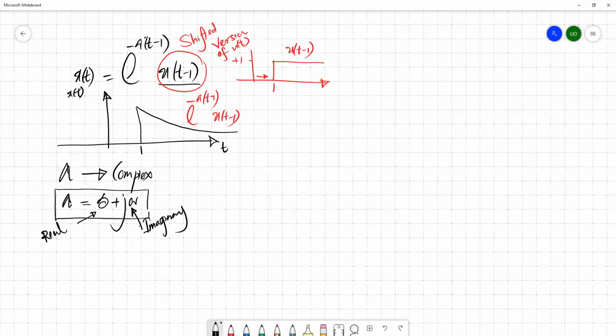If you apply it here, the original function x(t) is e to the power a t.